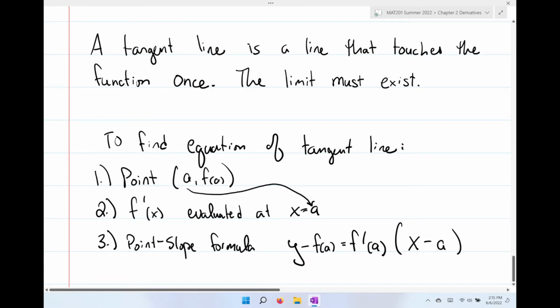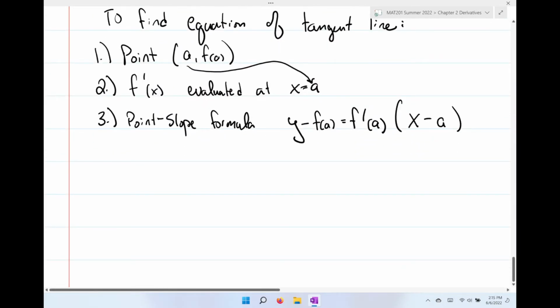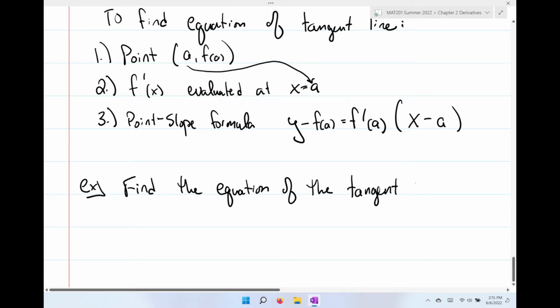Okay. So let's do an example here. Here's our example. Let's find the equation of the tangent line to f of x equals x to the second minus 8x plus 9.